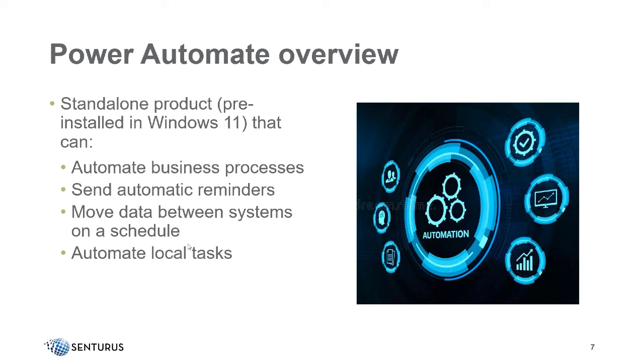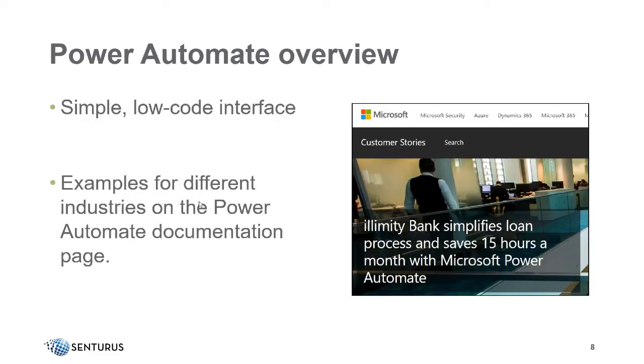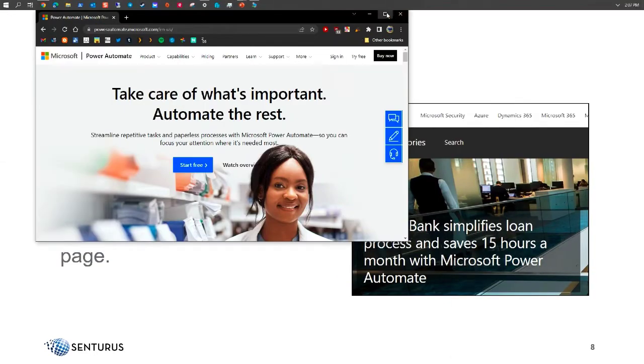Some of these things can be done within Power BI, but this is just the product itself. What kinds of things can you do with the product itself? The nice part about Power Automate is that it is a simple low-code interface, and one of the best parts is the support community that Microsoft has provided for this.